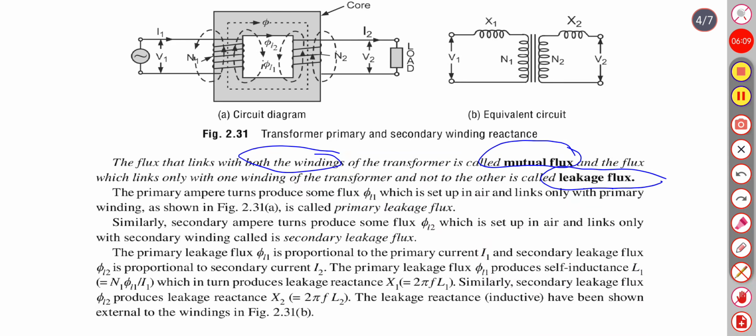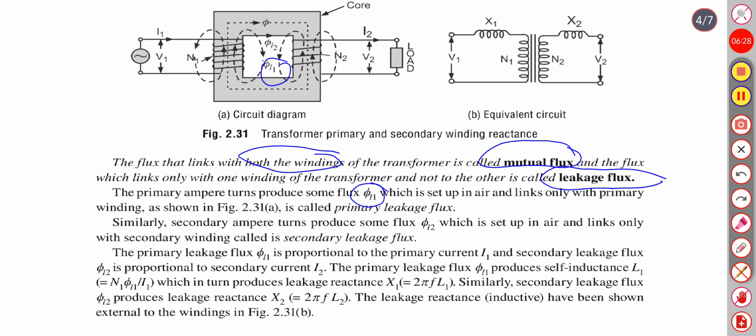The primary ampere turn produces some flux phi L1, which is set up in the air and links only with the primary winding, as shown in figure A. This one, phi L1.